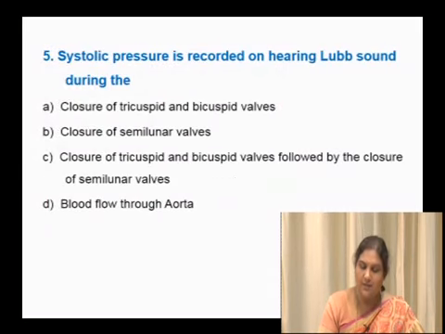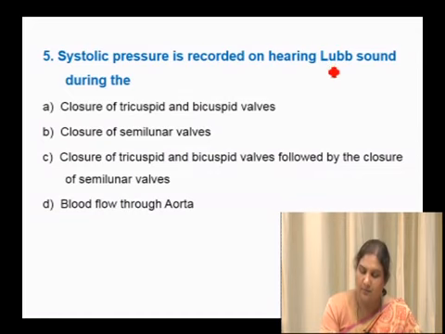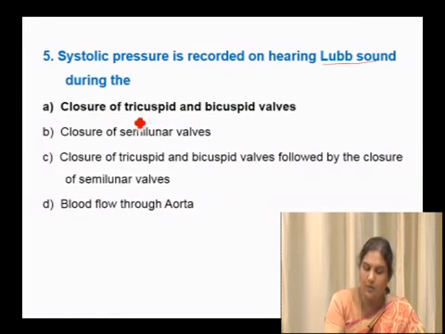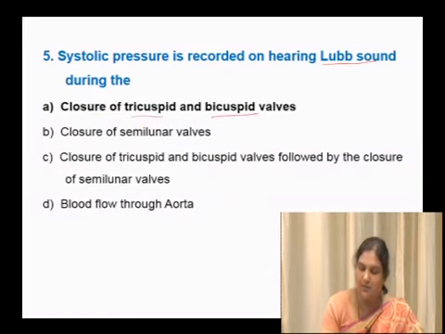Systolic pressure is recorded on hearing the lub sound. There are two sounds that would be produced: one is the lub and the other the dup sound. The lub sound is produced on the closure of tricuspid and bicuspid valves, which occurs on the onset of ventricular systole.